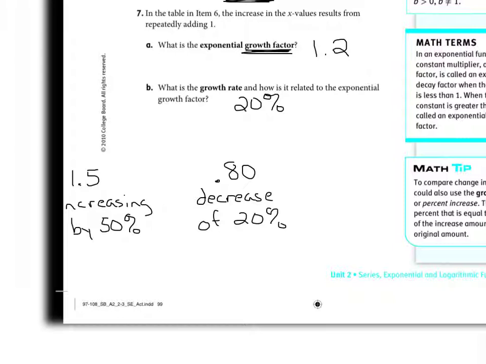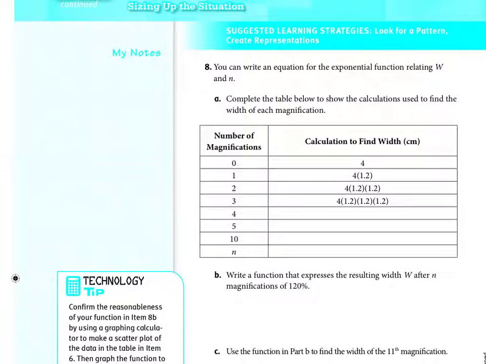Now let's figure out how to write the equation for this. Remember, we started with 4, and we multiplied that by 1.2. Then we multiplied that by 1.2 again. And then we multiplied by 1.2 again.